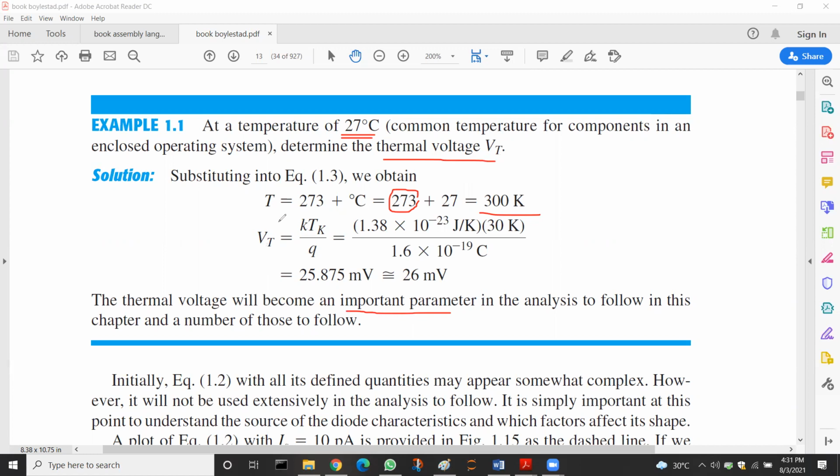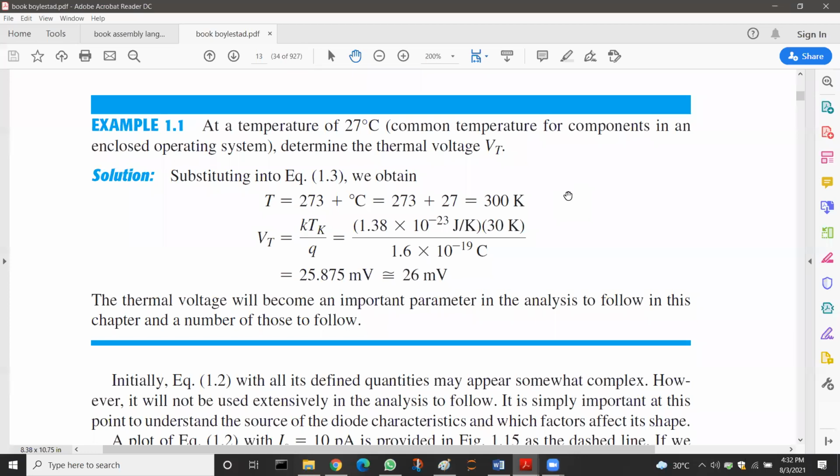So the thermal voltage at 27 degrees centigrade can be replaced by this value, which is 26 millivolts. In many numerical problems this value is used, because it is important, so we must remember it.